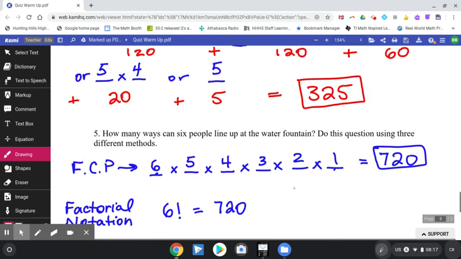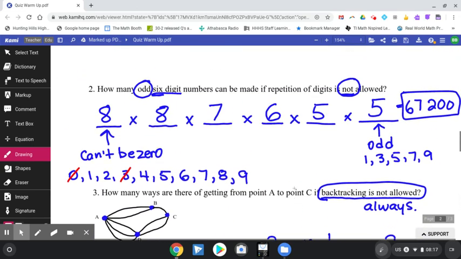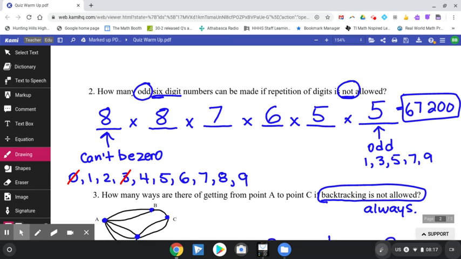Like this question number 2, there was a restriction on the first one. This is a really good question where you have to do fundamental counting principle because it's the only one where you can sort of control what's happening in certain spots.